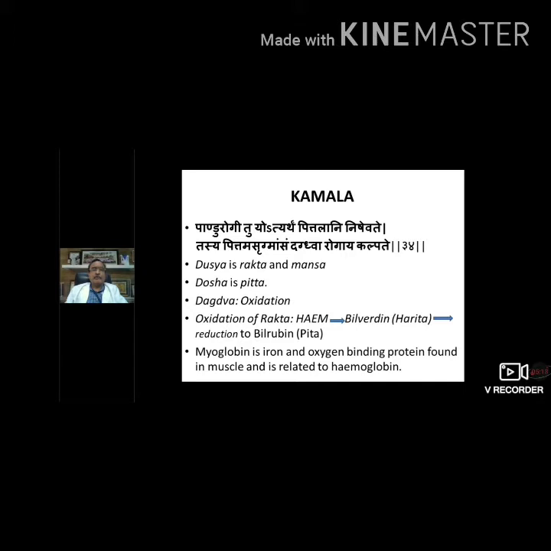For example, in the vitamin B12 deficiency, when megaloblasts are produced, when poikilocytosis and anisocytosis are produced, there is abnormal RBC which lost its deformable characteristic feature, and it is phagocytosed in the RE cell of the spleen, and then there is hemolysis and anemia with jaundice and splenomegaly with the other features of the vitamin B12 deficiency like neuropathy. The same happens in the folic acid deficiency, my dear.